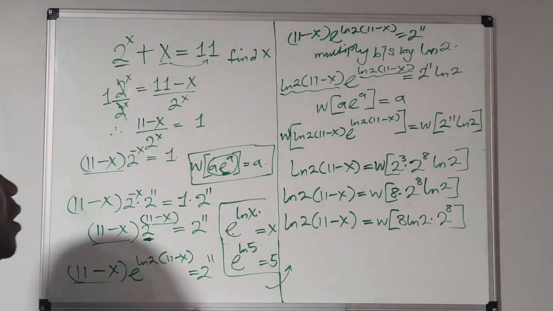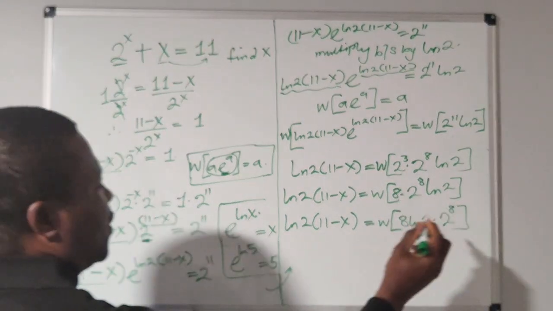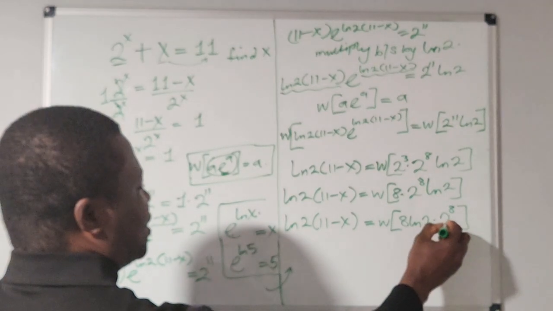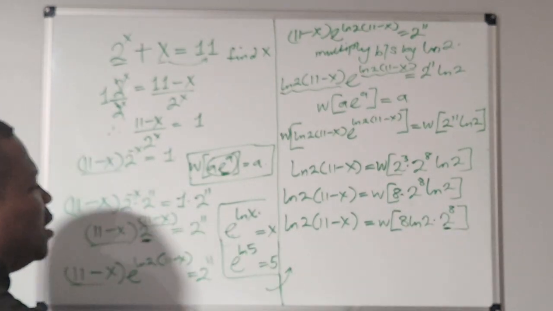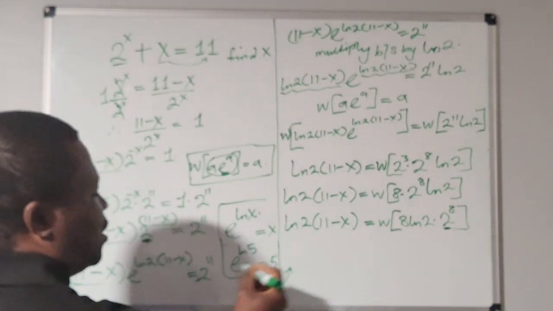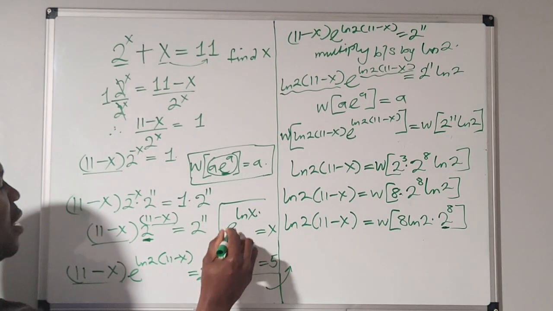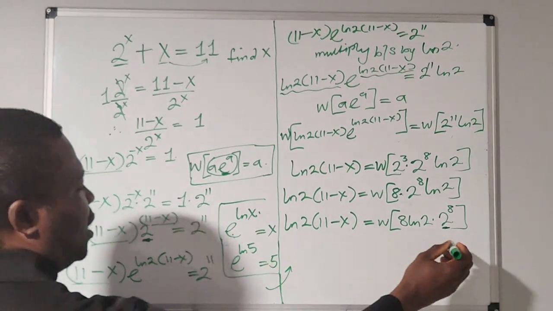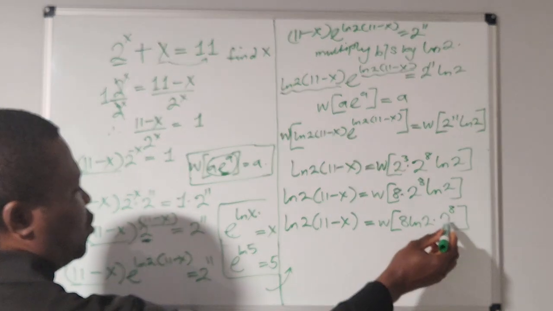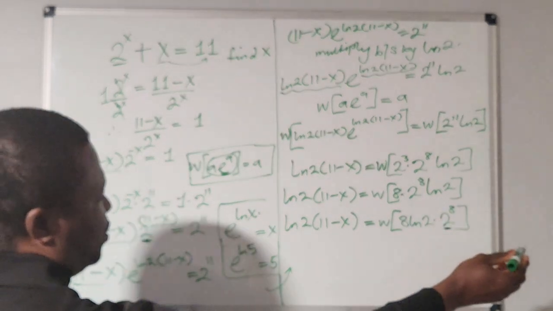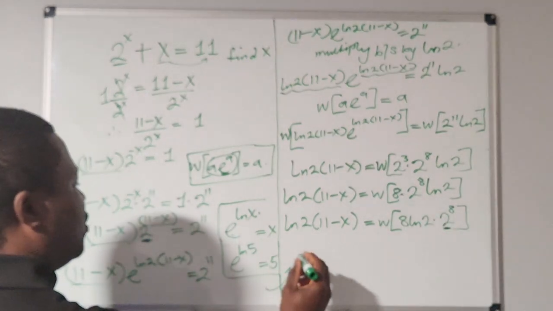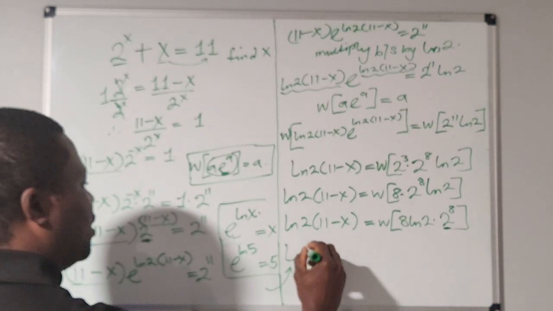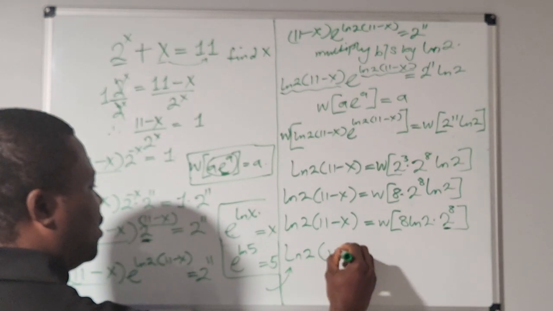Okay, now we have this standalone 2 raised to the power 8. Just like we mentioned earlier, e raised to the power ln x is equal to x. Therefore, e raised to the power ln of 2^8 is also 2^8. Okay, so let's rewrite that way with the ln.